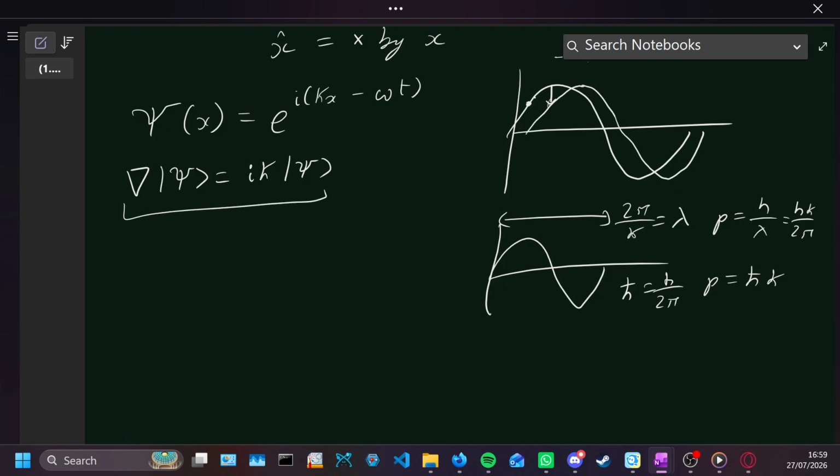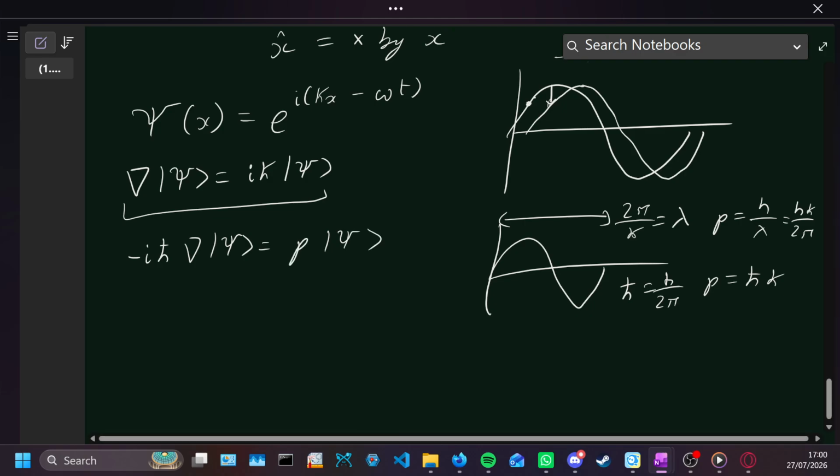And so to this expression, if we multiply both sides by negative i h bar, we're going to end up with h bar k of psi on this side, which we can replace with p. So this is one of those eigenequations.